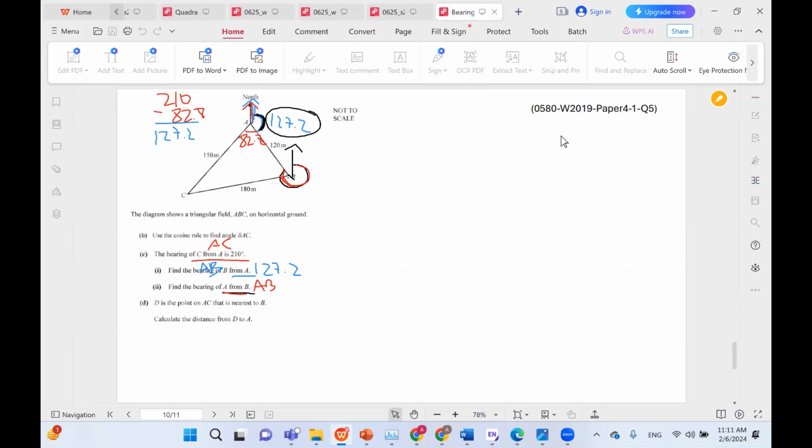So how would we get that? This is pretty simple. We first get this angle X by doing 180 minus 127.2. And we get 52.8. And then we do 360 minus 52.8.